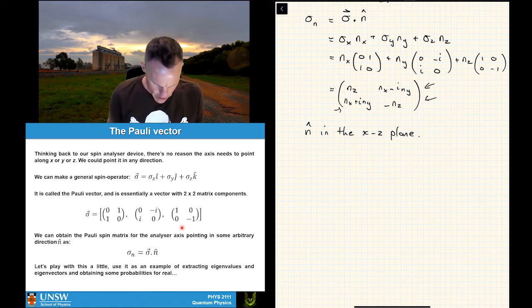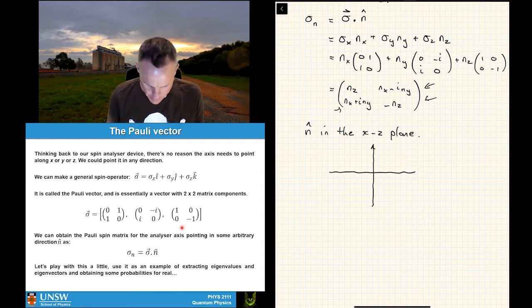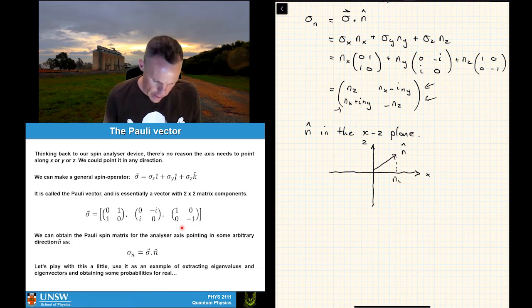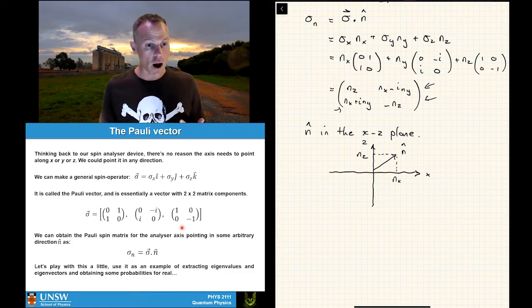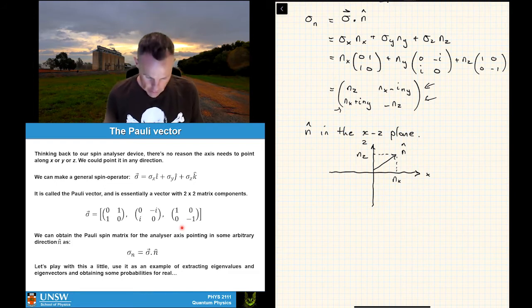So if we now want to consider that plane, let's draw something up here. What we would have is, this is our x direction, this is our z direction up here. What we would have is a unit vector n hat. It would have some component in the x direction nx, some component in the z direction nz. Our ny would be 0 here because we've collapsed it into the plane.